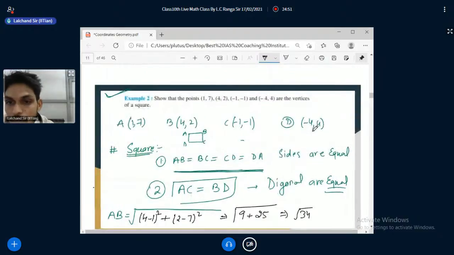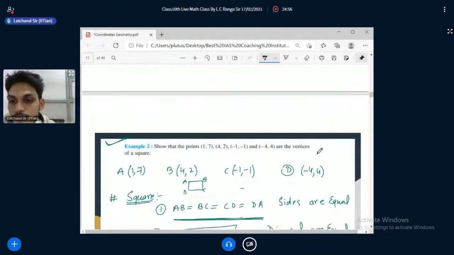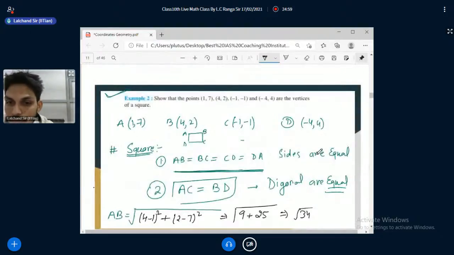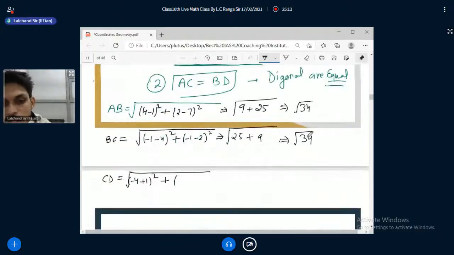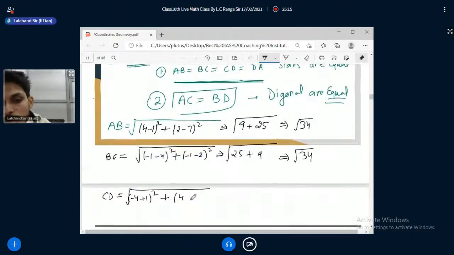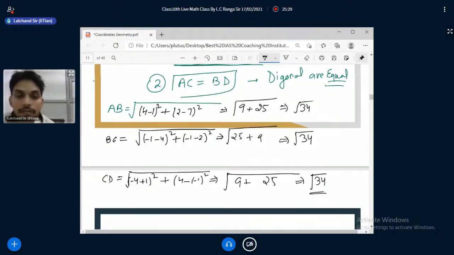This will be (4 minus of minus 1), that means plus 1, whole squared, plus minus 4 whole squared, so that is equal to the square root of 9 plus 25. This is also equal to the square root of 34, isn't it?